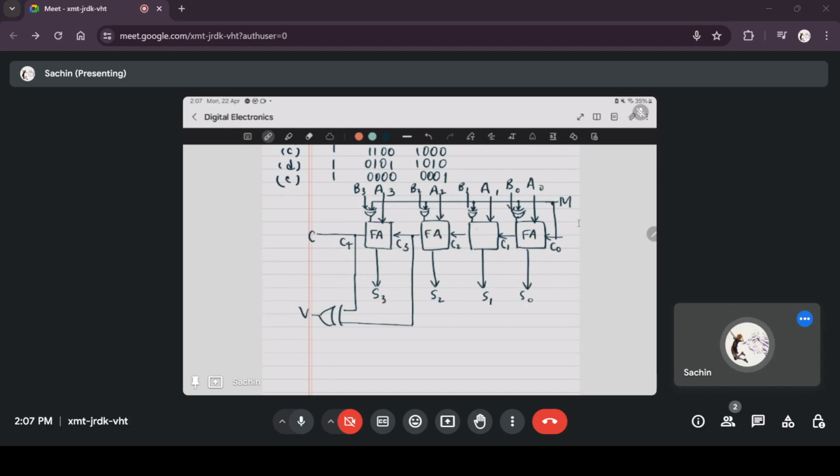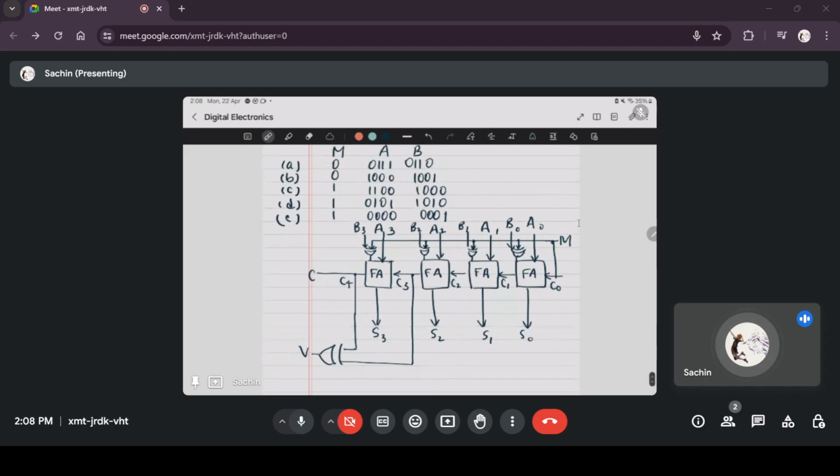That is, it will add 2 bits with an input carry. So suppose there is no input carry, we can't give an input carry in this particular circuit, and we want to add two 4-bit numbers. Then we give 0 to the input M.